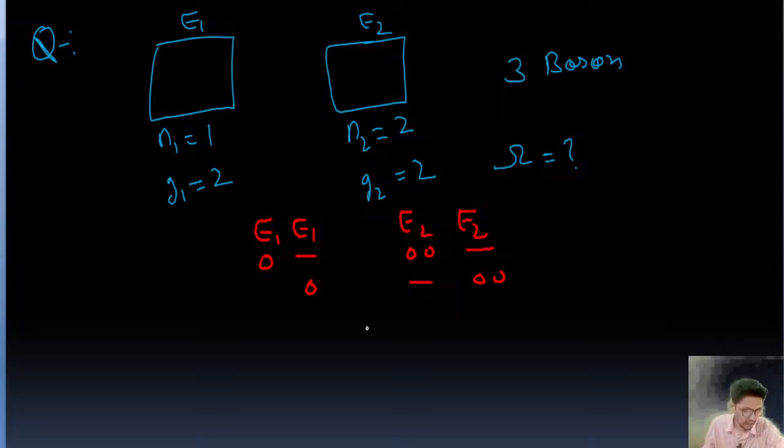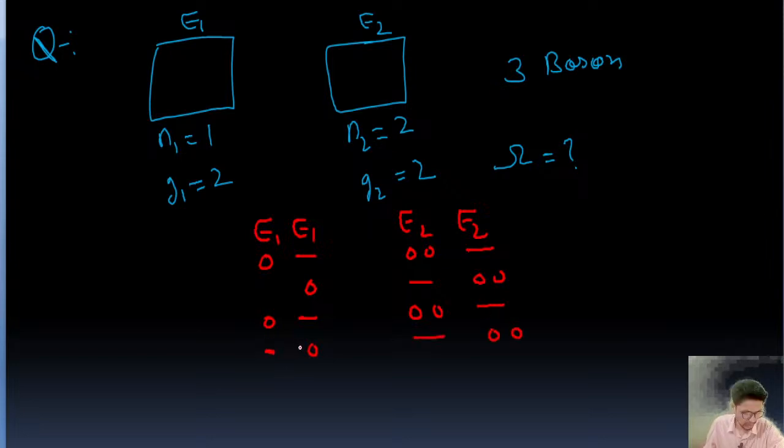The third possibility is this one here, and these two here. The fourth possibility is this one here, and these two here. So these are 1, 2, 3, 4.